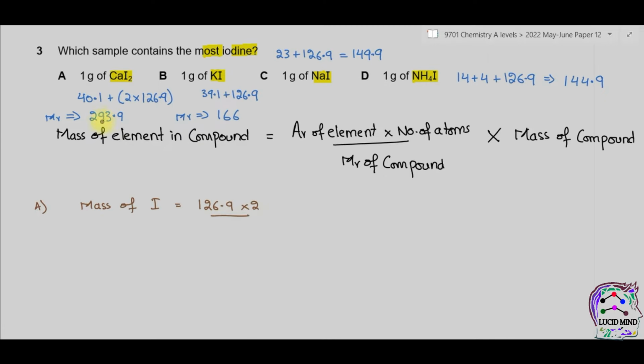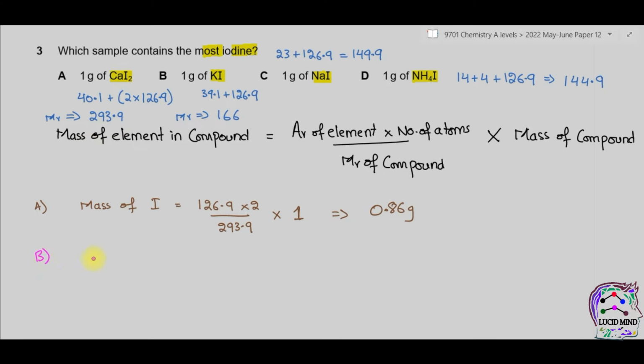Divided by the MR of the whole compound, 293.9, into the mass of compound which is given, so it is 1 gram. So mass of iodine in the first one comes equal to 0.86 grams. So this much iodine is present in part A.